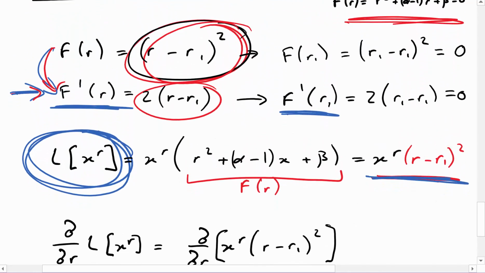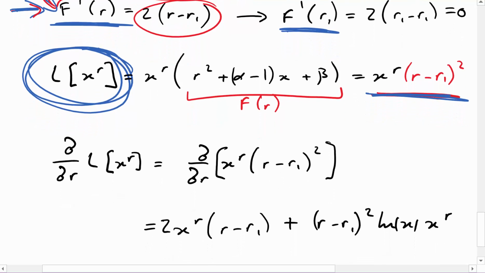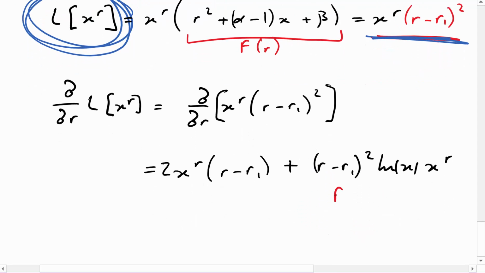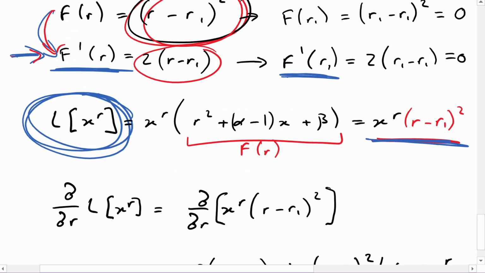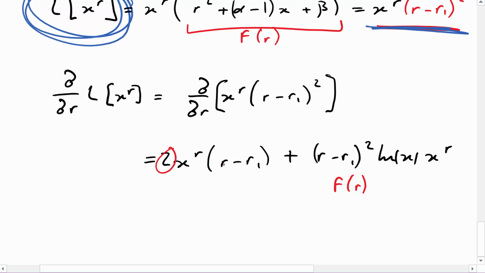But remember that f of r was equal to (r minus r1) squared. So that thing in there is equal to f of r, and 2 lots of r minus r1 is equal to f dash of r.